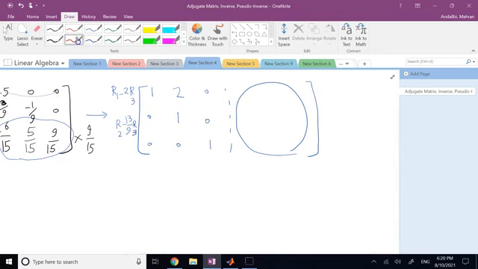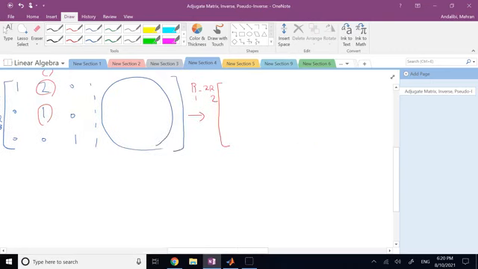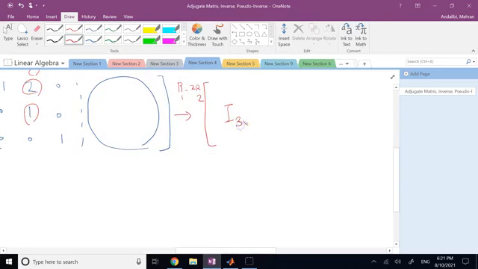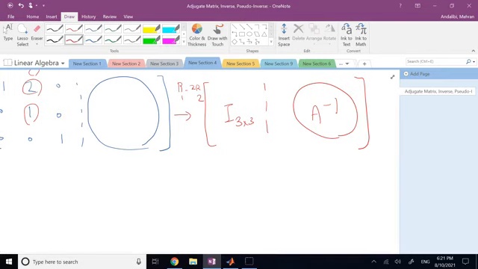So you get to this, and now finally you have to make it a 0. So what you need in the last step is row 1 minus 2 times row 2, and that is the ratio between these two numbers. That makes this guy a 0. So here you end up with an I 3 by 3. And here you will end up with a bunch of numbers, and whatever bunch of numbers you get, that's A inverse. Okay, so that's how you can get an A inverse.